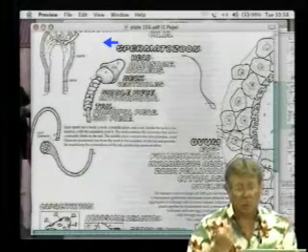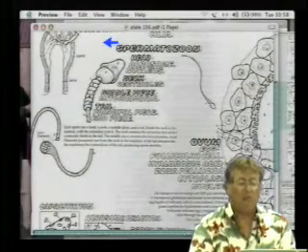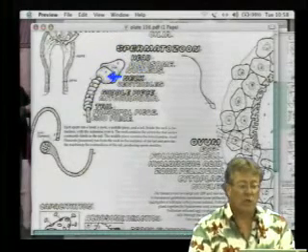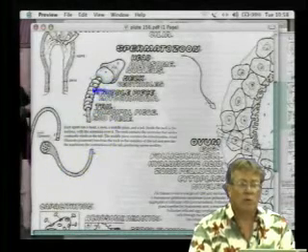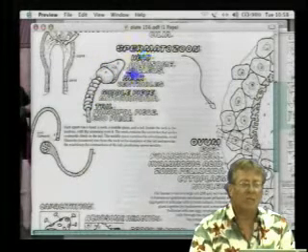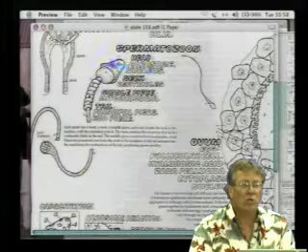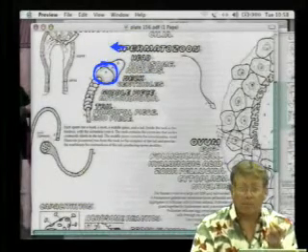So this is a mature sperm or spermatozoon. It is characterized by a head region, a neck region, a middle piece, and then a tail. And what you should appreciate in this drawing, particularly when you know that the head is composed mostly of a nucleus, is that there's not a lot of cytoplasm.